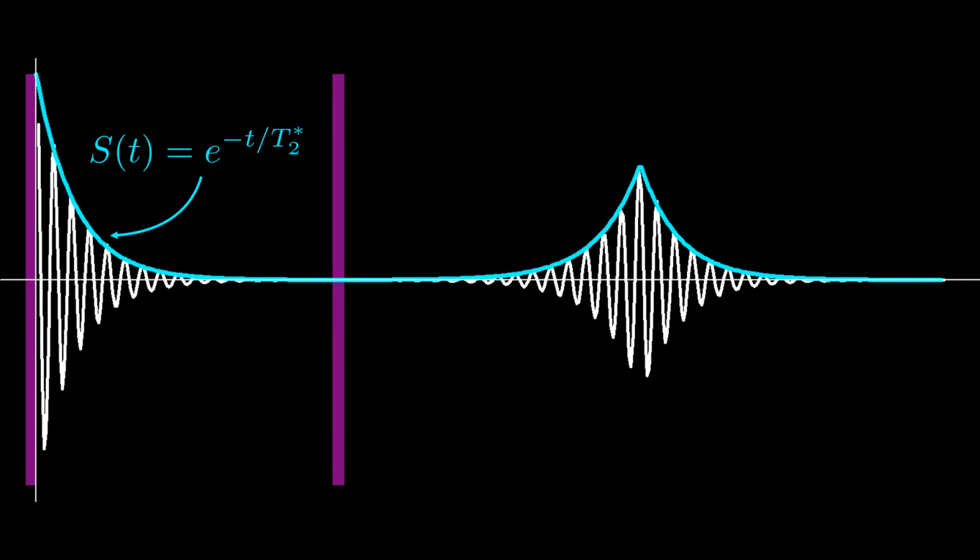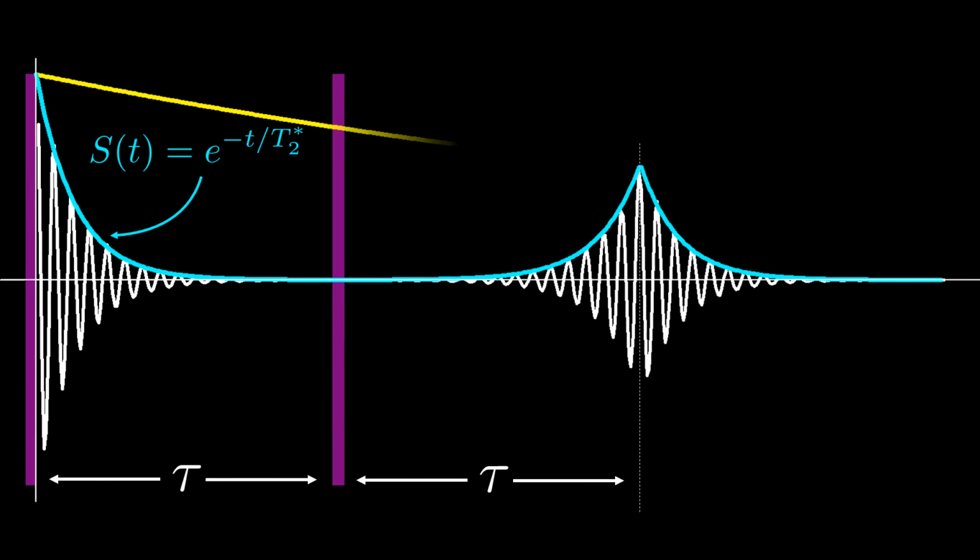If we deliver our 180 at a time tau, then in that time, the spins will have dephased by a certain amount. We should therefore expect that following the 180, the spins will take exactly that amount of time to rephase. The echo peaks decay because, unlike dephasing due to field inhomogeneity, intrinsic T2 decay is not reversible. Spins are still losing coherence due to their self-interactions.